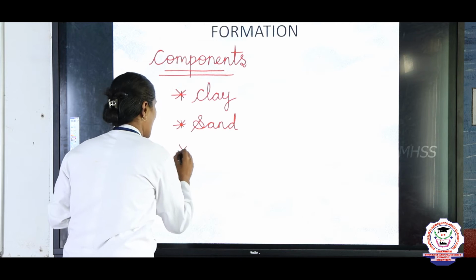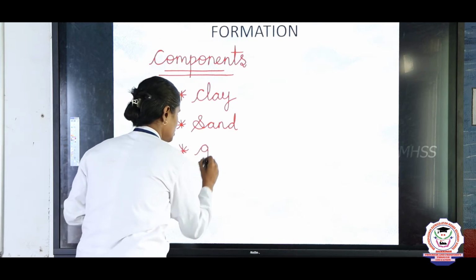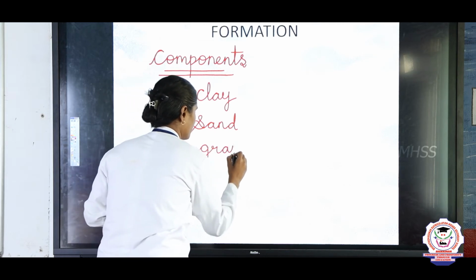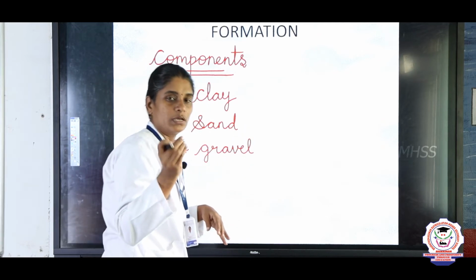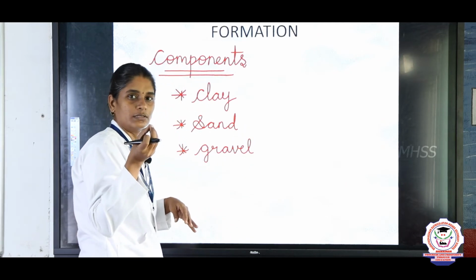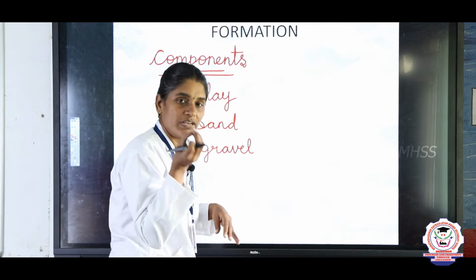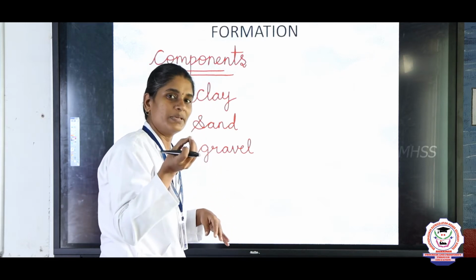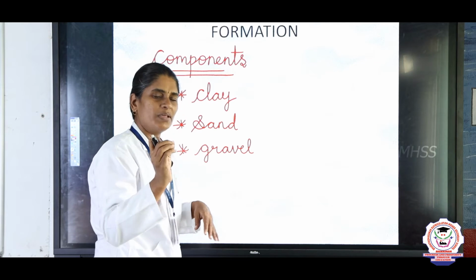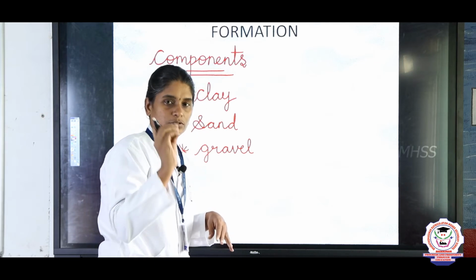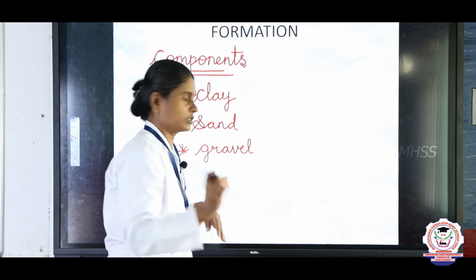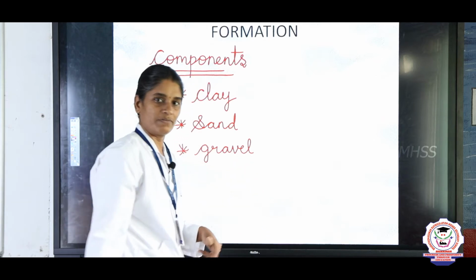They also have gravel, G-R-A-V-E-L. Gravel means smaller stones, very small pieces of rocks. Kurangal means pebbles, but gravels are very small pieces of stones. That is called gravel, right.